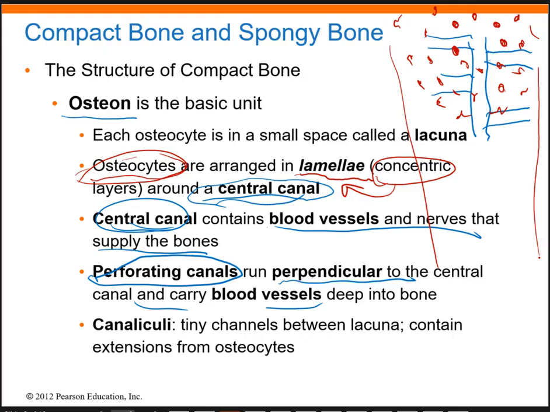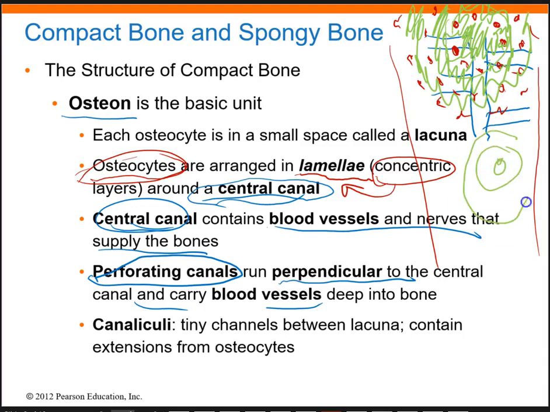Now, in between the osteocytes, there are layers of bone matrix. So there's hard, dense matrix all surrounding all of these osteocytes. And then there's another layer out here, and then another layer out here. So these layers that go out, it's like a circle and then another circle and another circle.